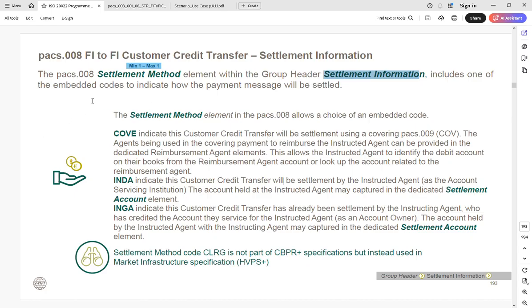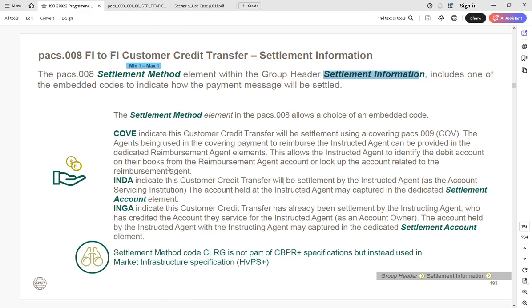First your FI to FI customer statement, inside that the group header. So indirectly I am telling the mapping as well. We are going to discuss how to do the mapping. FI to FI credit customer, then the group header, inside that we put settlement information, and inside that you have settlement method.